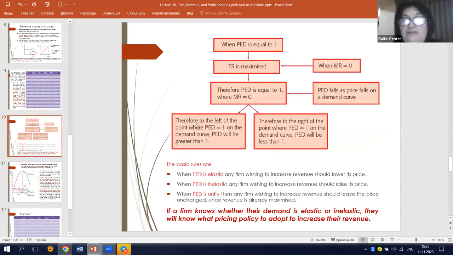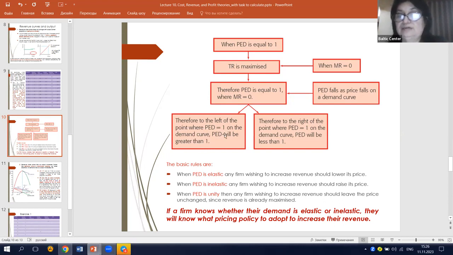So to the left of that point, если есть отклонение налево, where elasticity of demand is equal to 1 on the demand curve, the elasticity of demand will be greater than 1. То есть здесь эластичность больше единицы.